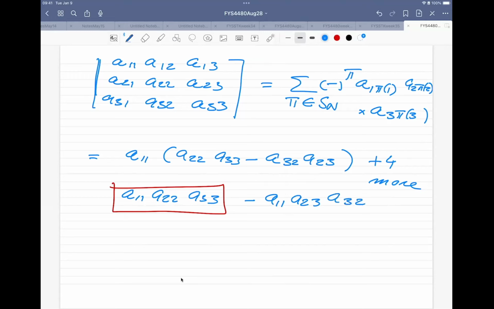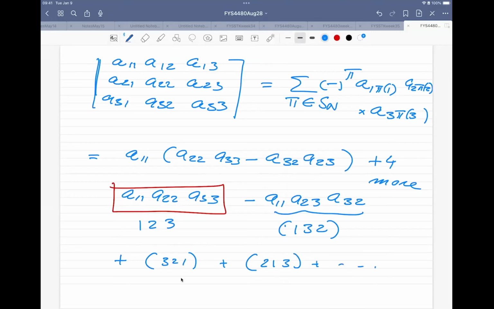So this is something which we would think of as the permutation 1, 3, 2. So this would just be simply our basic ordering, 1, 2, 3. Now, if you then write out all the other elements, you will obviously get something which goes like 3, 2, 1. You will get 2, 1, 3, and 2 more terms. We wrote this out last week, and we put those labels on it.